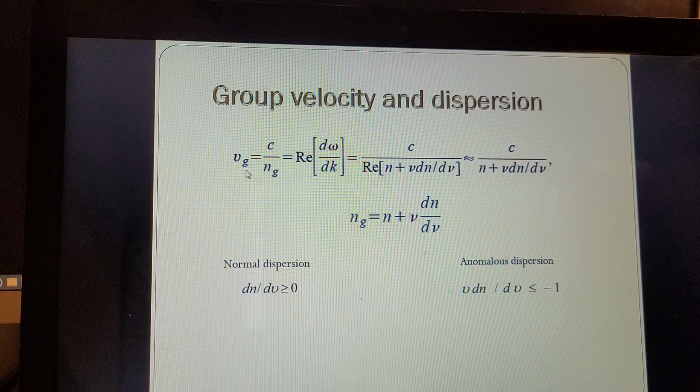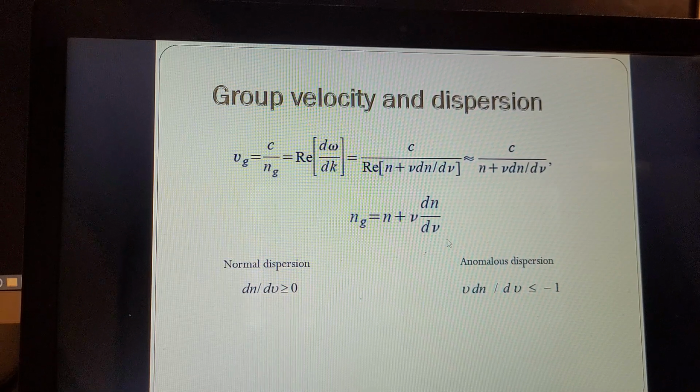So this group velocity can be written in this form. The real part of the d omega respect to dk, and it's equal c divided by real n plus nu dn divided by d nu. It's equal, approximately, we can write it in this form. So c divided by n plus nu dn divided by d nu.